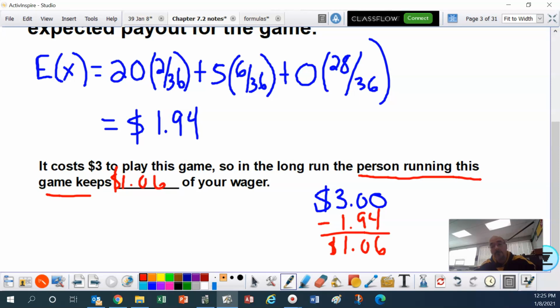Not bad. So if lots of people play this game, you're going to make some money. Remember, casinos always have more than a 50% chance of winning. Remember that, because in the long run, they're going to win.